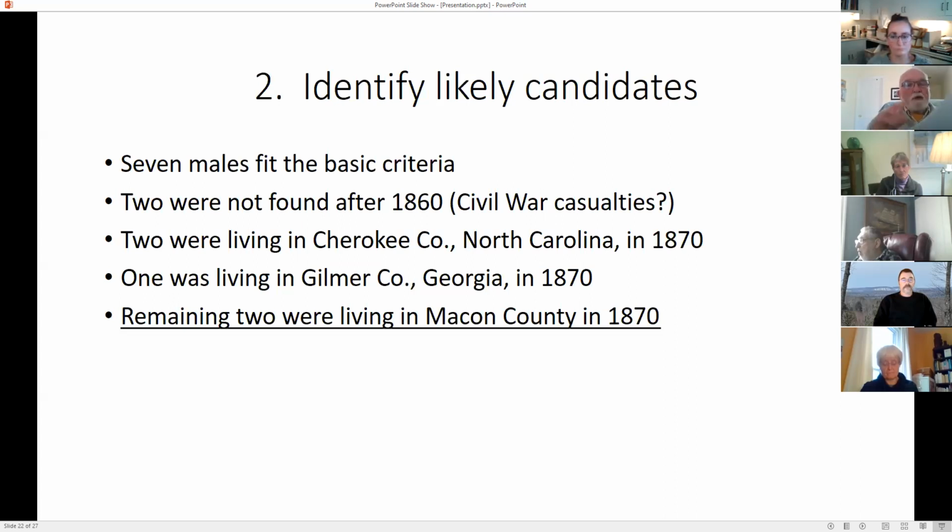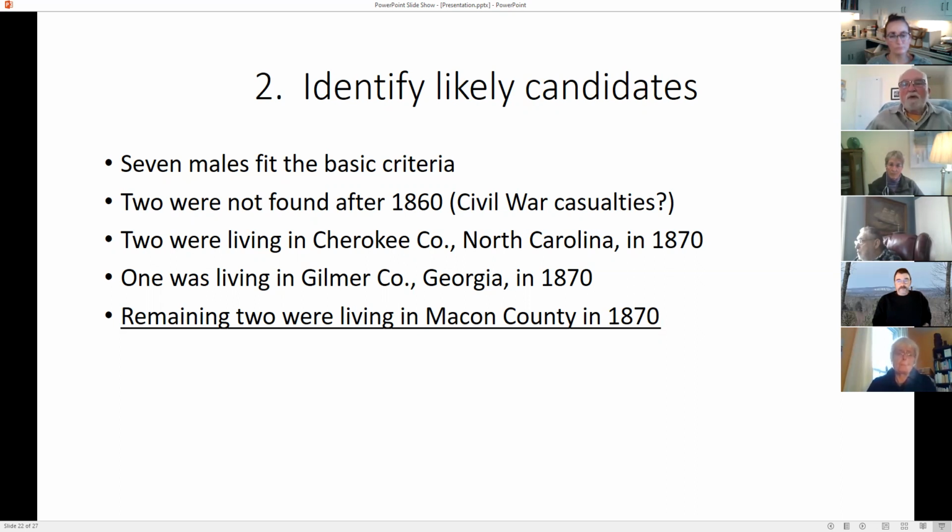So after I traced all the descendants of Henry and Betsy forward, at least to 1870, and eliminated those males who were too old or too young or had moved away and unlikely to be involved, I ended up with 7 males that fit the basic criteria of both age and location.